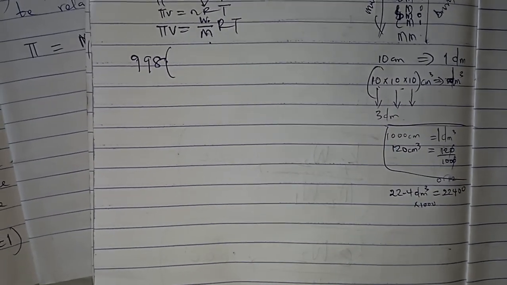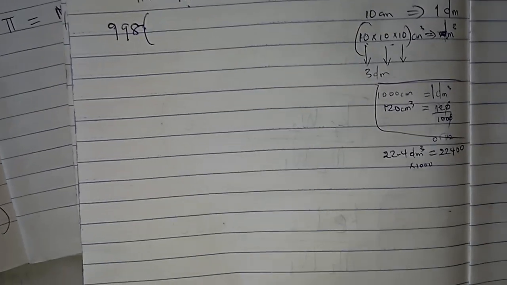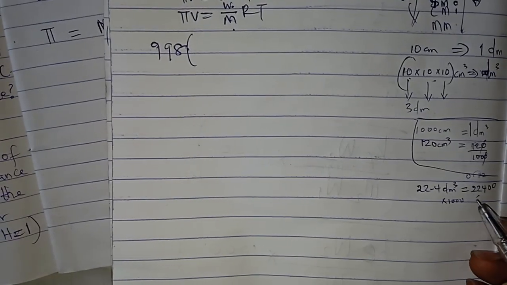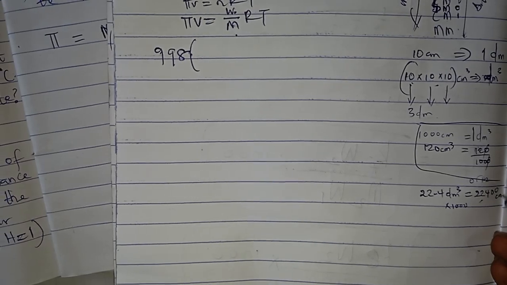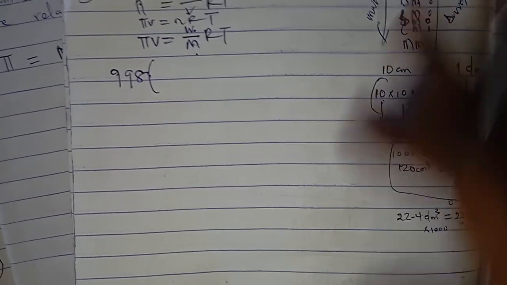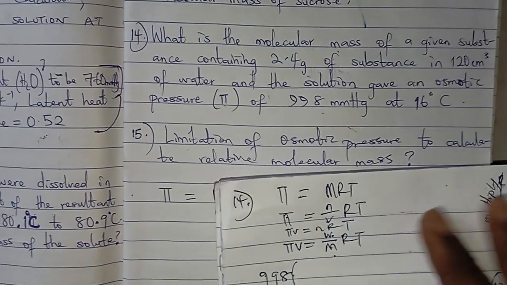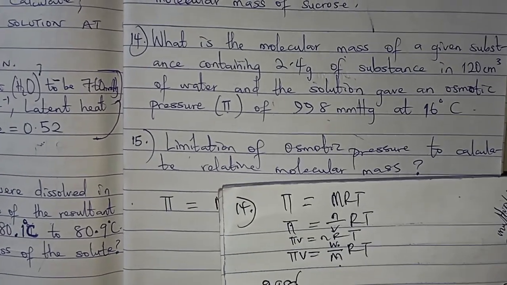This is the centimeter cube, this is the decimeter cube. You need to know all these things so that if you see it somewhere in a textbook, you don't get confused.